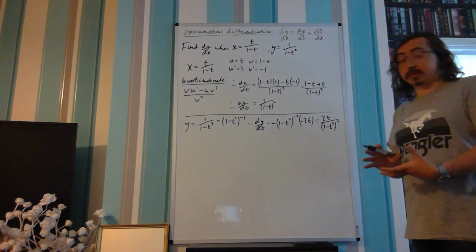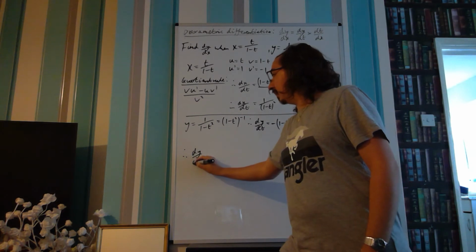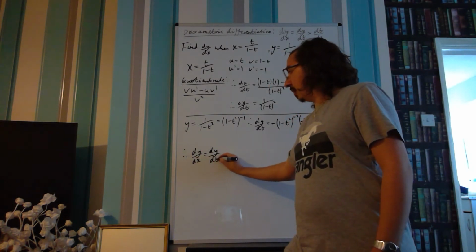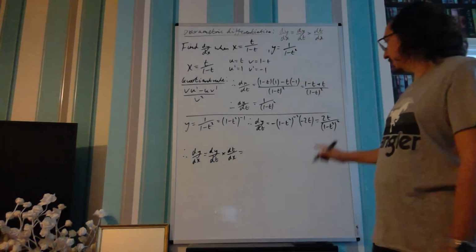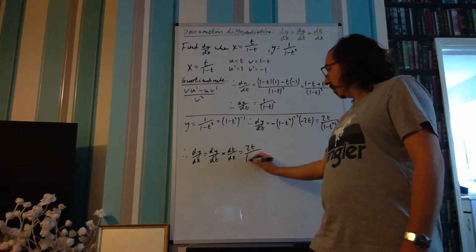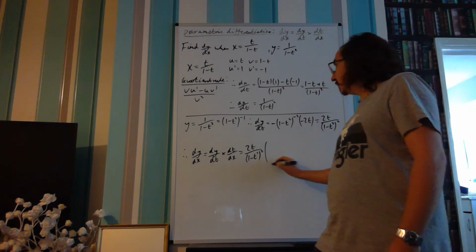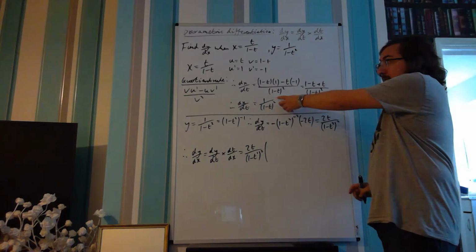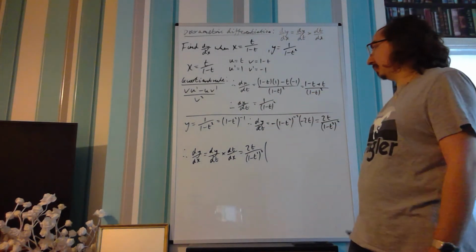So now we can bring those together and say, therefore, dy by dx, using our chain rule, dy by dt times dt by dx, is equal to our dy by dt, which is 2t over 1 minus t squared all squared, times our dt by dx, which is when we flip this fraction, the flipping of dx by dt.